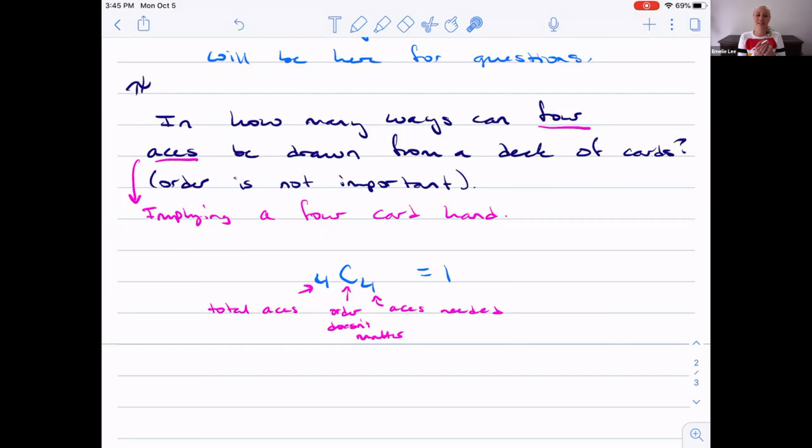You want to pull from a deck of cards and you want to pull 4 aces, right? But you really only have 4 aces to choose from, and you need 4 aces, right? Same thing if you want, is it the flush where it's 5 of the same, right? That would be 13 choose 5. Yeah, little tricky. Okay.